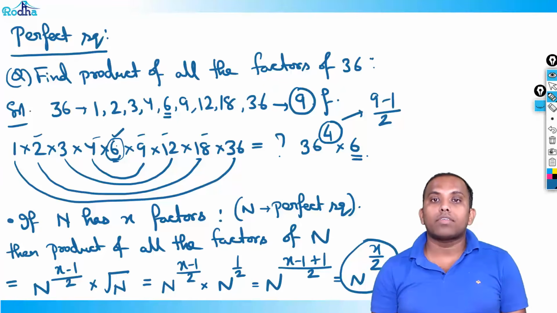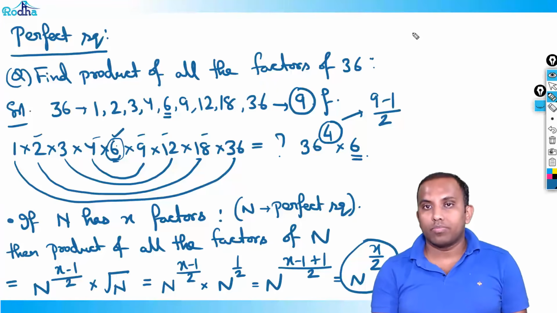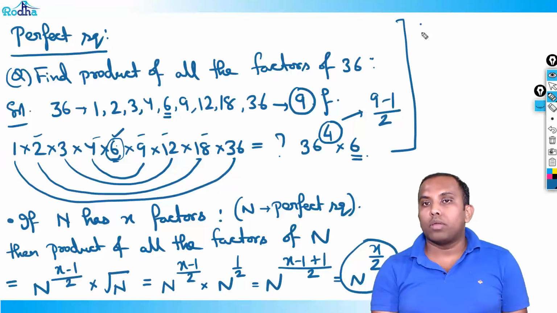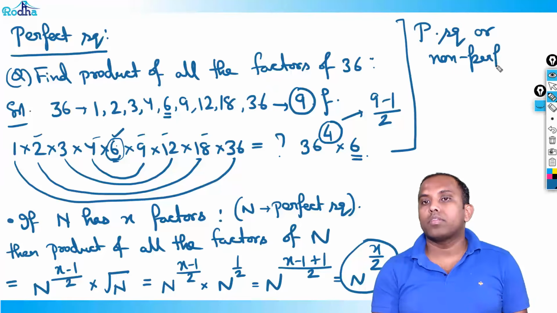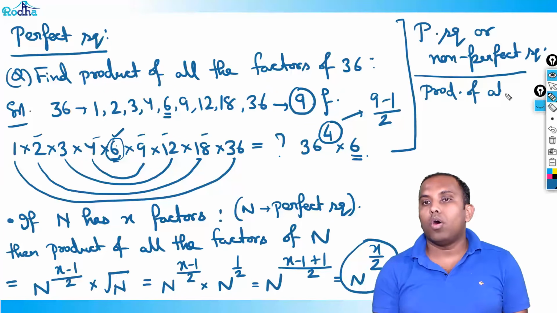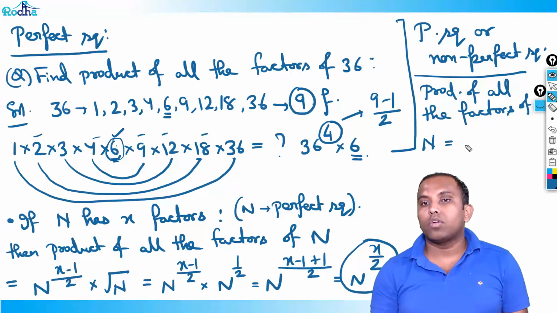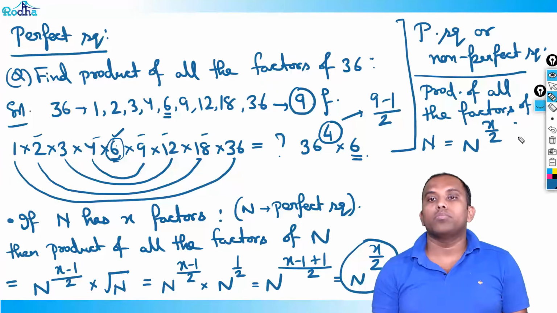So if it is same as the last case, that means be it a perfect square or non-perfect square, in both the cases, the product of all the factors of n is equal to n raised to x by 2, where x is the number of factors of n.